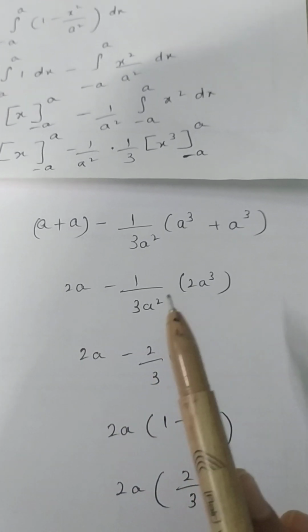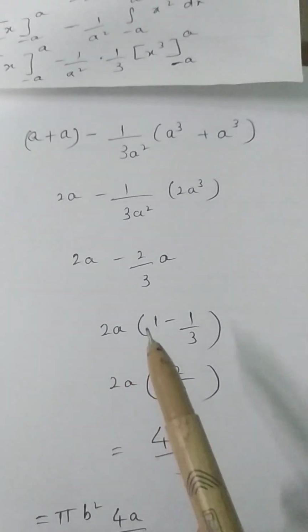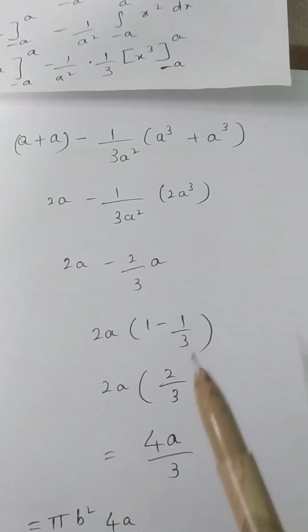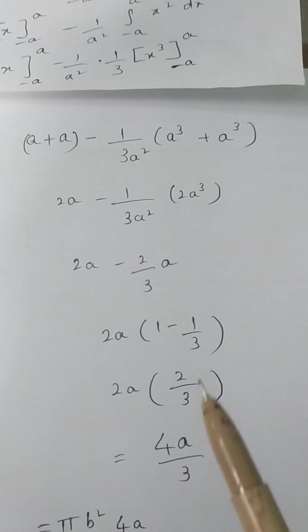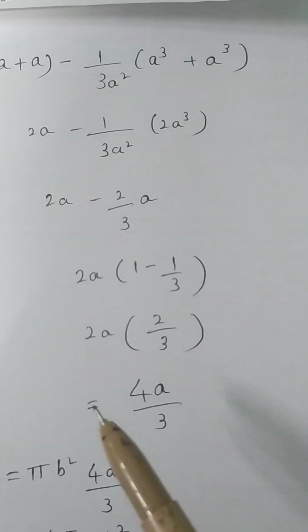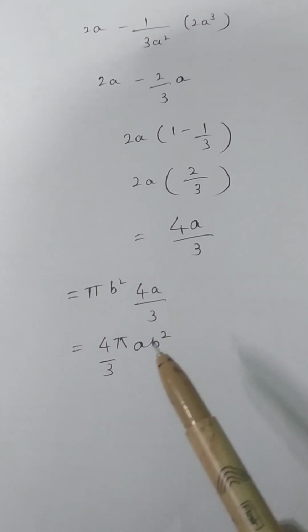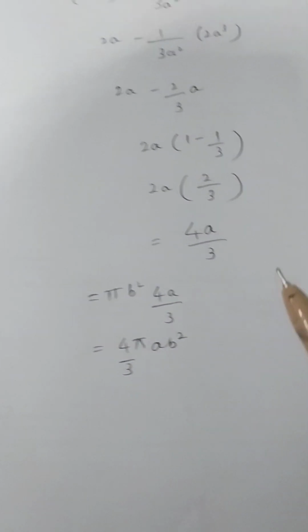2a minus 2 by 3a. Now 2a, if you take common here, 1 minus 1 by 3. 2a into 3 ones are 3, 3 minus 1, 2 by 3. So 4a by 3. Multiplying with pi b square, 4a by 3, gives 4 by 3 pi ab square.